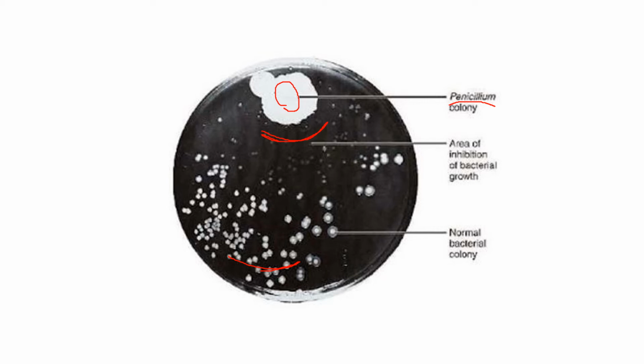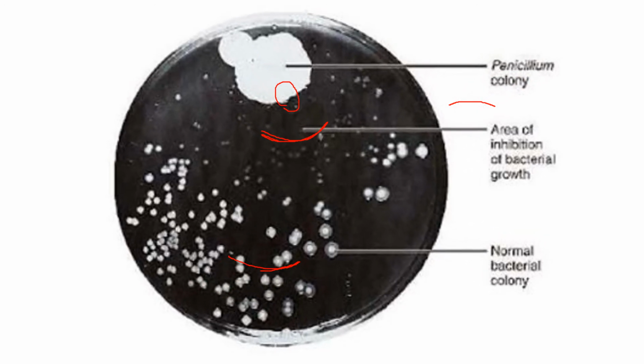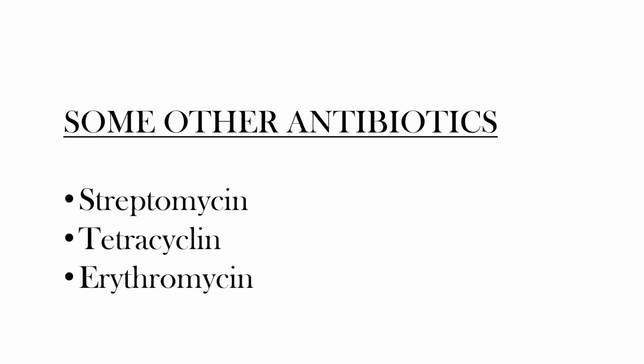And this led to the discovery of the first antibiotic penicillin, because it is made from the fungi penicillium, and made him win the Nobel Prize in medicine for the accidental discovery. And some other antibiotics you are familiar with are streptomycin, tetracycline and erythromycin.